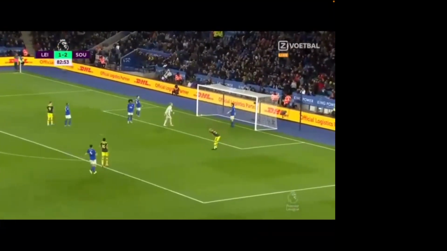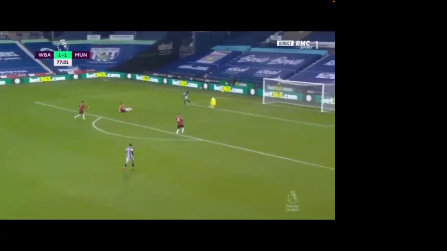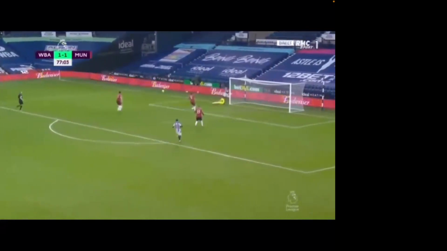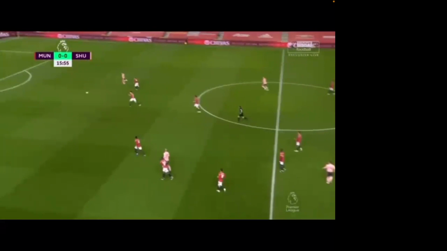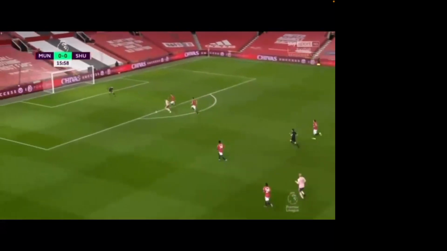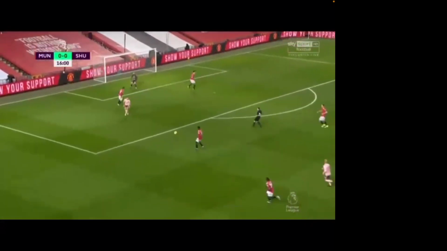We'll break a couple of these scenarios down later on, and I'll explain why I think the goalkeeper's been successful in each one.